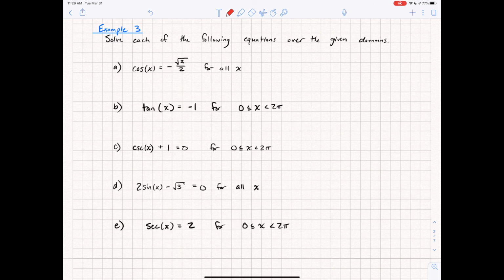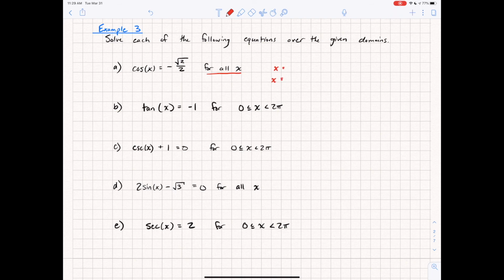All right, so in A, cosine of x is equal to -√2/2 for all x. Well, I want to find an expression that represents all possible answers, but this starts by looking at the circle and finding my initial x values. So on the circle, cosine is going to be -√2/2 at 2 different places.